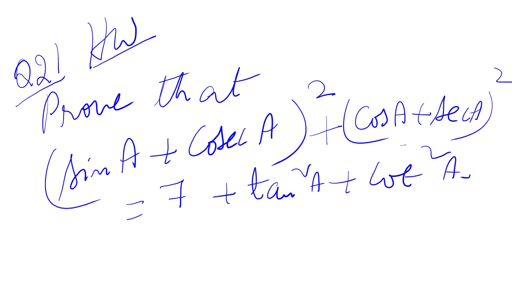Then wherever you have cosec you can write as 1 upon sin A. Try it out, you will get it.